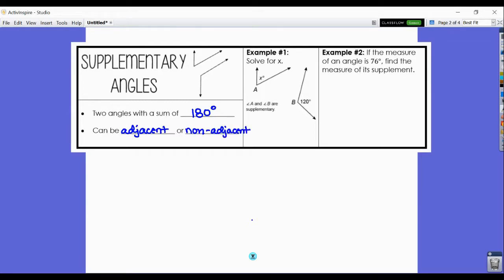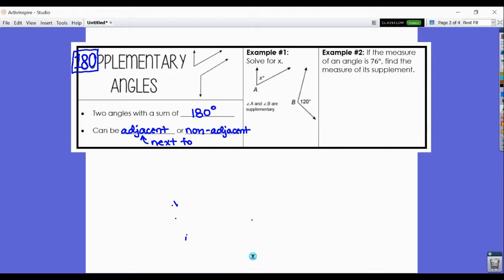Remember, adjacent just means next to. To help me remember for this one that they sum up to 180, I turn the S into an 8. I turn this U into a 0, and I put a 1 out in front because that makes my 180. That can help me remember that supplementary means summing up to 180.